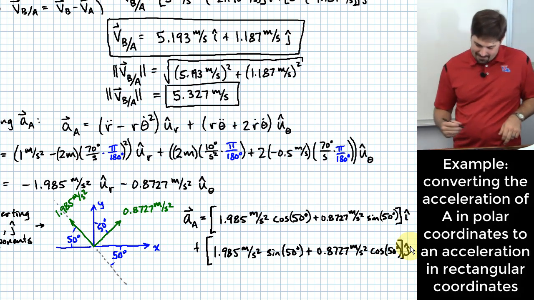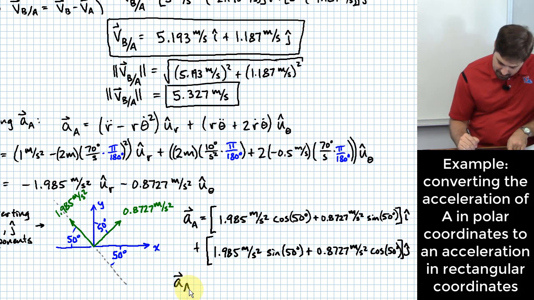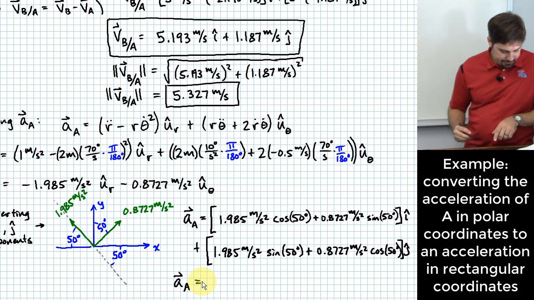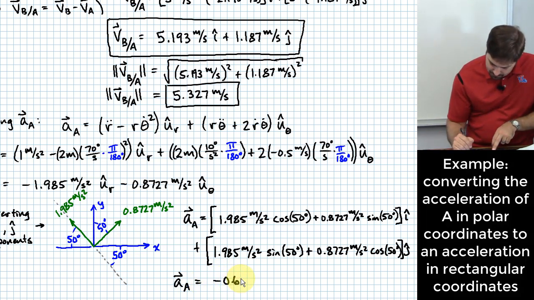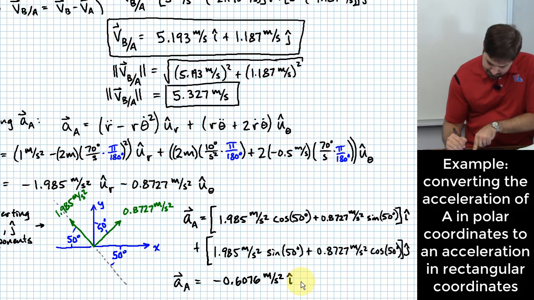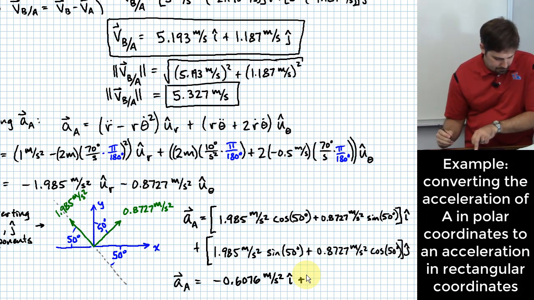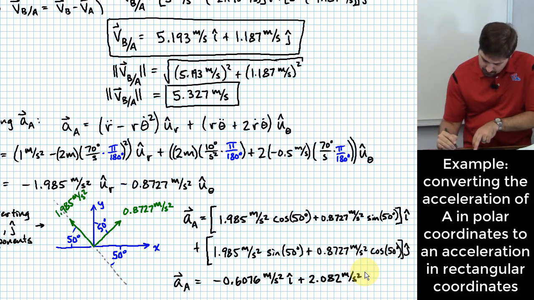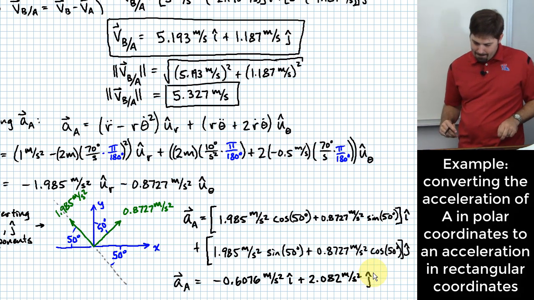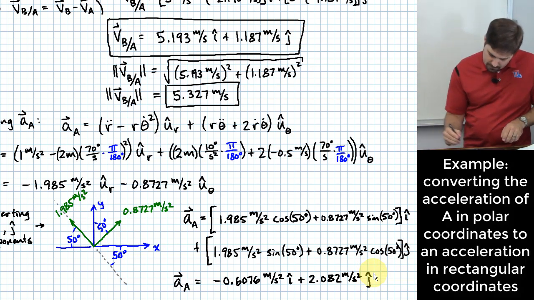All right. And if you punch these in the calculator, what comes out is we have negative 0.6076 meter per second squared, I, plus, here we've got 2.082 meter per second squared, J. I don't know what happened here.